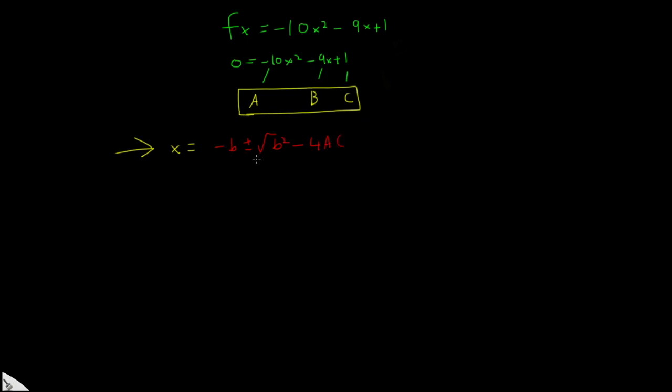And in this whole thing, you have to divide by 2a. So it should look like this. And now all we have to do is substitute these values down here.